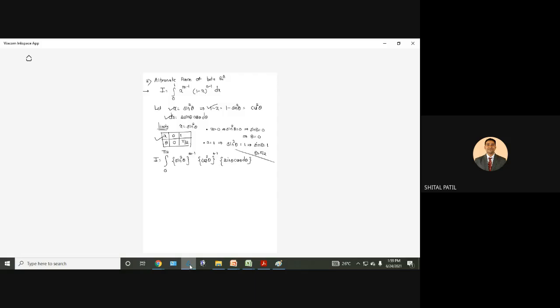Simplified. Sin 2 theta d theta. 2 outside. Correct.